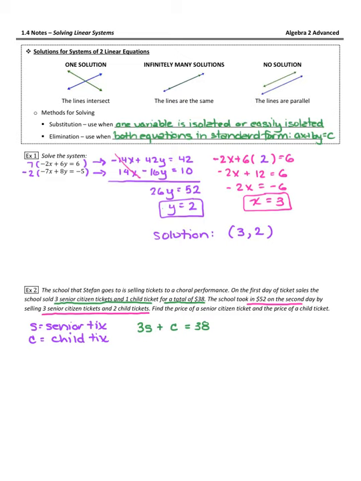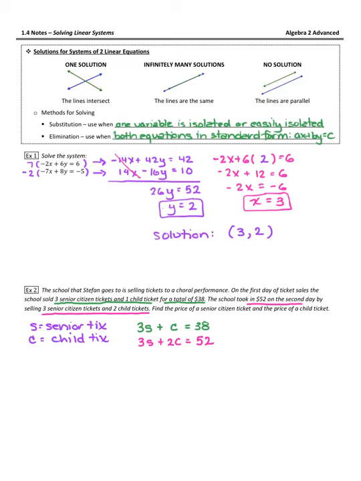And then on the second day, they also sold 3 senior citizen, and they also sold 2 children's for $52. Now, since the senior citizens was the same, this one actually was going to solve pretty quickly, but let's go through the process anyway.